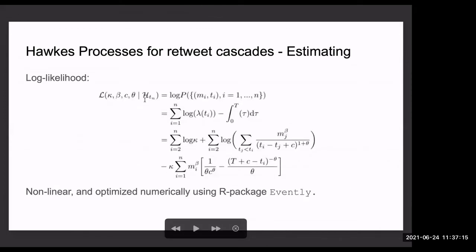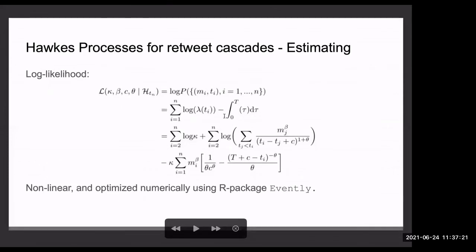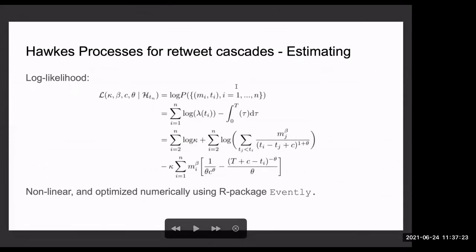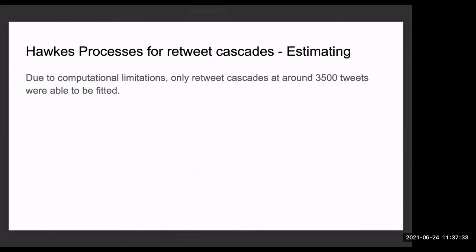And this was fitted by looking at the log likelihood function, and this is nonlinear and optimized numerically in an R package called Evently. And this led to some computational limitations.